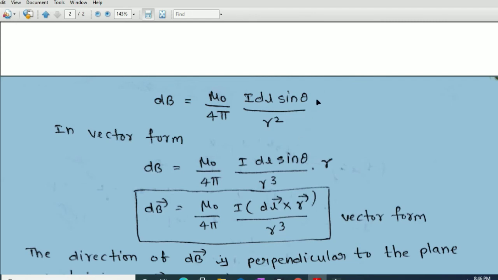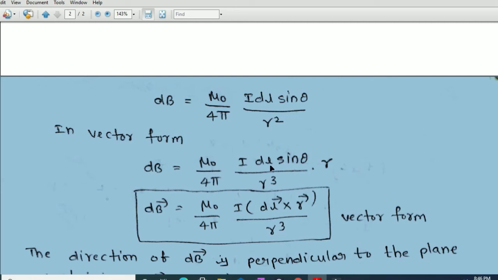Then in the numerator we have r, and r square is already there in the denominator, so that becomes r cube. Now if you write this expression in the vector form, since the magnetic field is a vector quantity, dB bar is equal to mu naught by 4 pi I into dl bar cross r bar over r cube, because here it is sin theta.